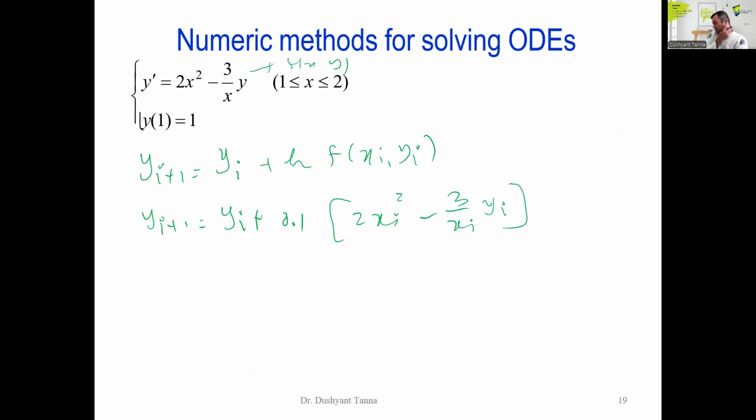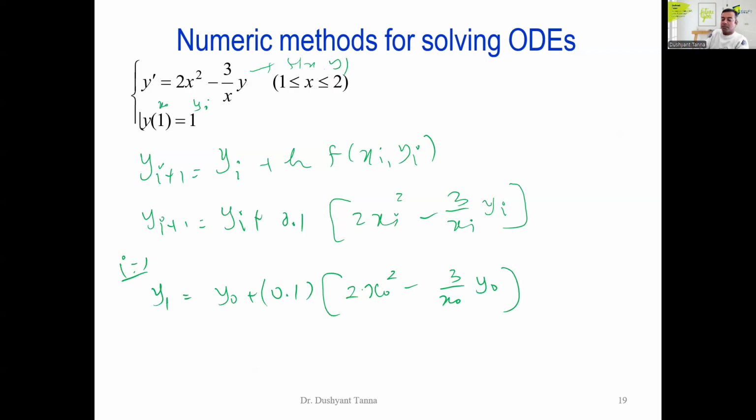And then you keep changing your i. When your i is 0, you will get y1, which is y0 plus 0.1 times 2 x0 squared minus 3 over x0 y0. You plug in the values, this is x0, this is y0.